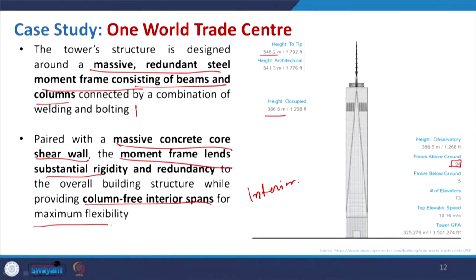Now, in this case, flexibility is always a problem for a structure where we use the exterior one. Whenever you use heavy columns or very closely spaced columns like a tube structure, that will hinder the external view. That is one problem. And also, if you have a regular frame structure with columns at regular intervals, the interior space will have some constraint.